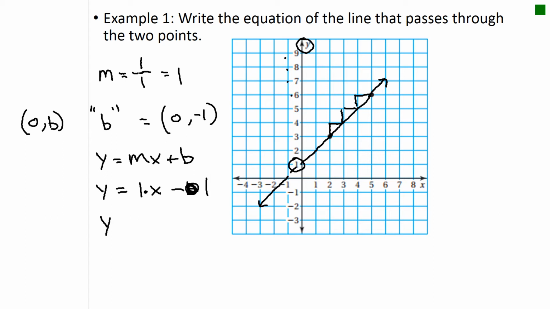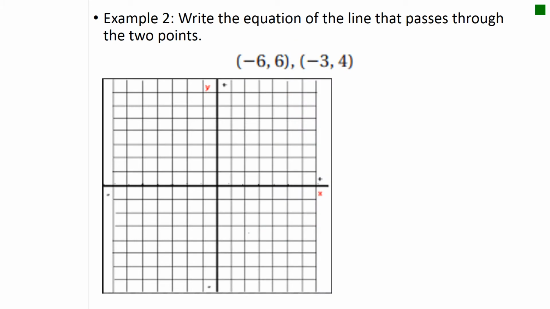And so now I'm going to get rid of this 1 times right here, and I get y = x - 1. The slope is hidden right here as a slope of 1, and the intercept is right here as a -1. Okay, so that's a pretty straightforward example of finding the slope and finding the intercept and plugging them in.